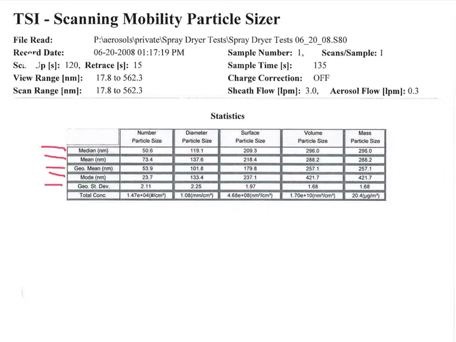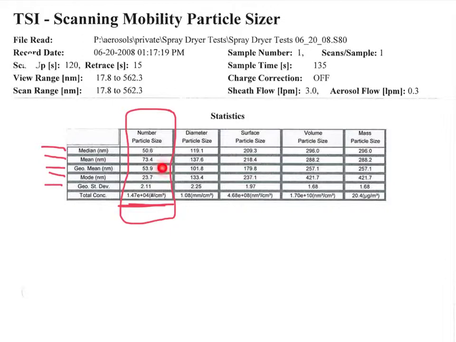And you see those for the ones that we were most interested in, which is the number counts of particles. And so under here at the very bottom you actually see the total concentration in terms of number per cubic centimeter of particles, as well as the mean diameters, the average diameters for various different measurements of centrality, which you can see some of them are similar.